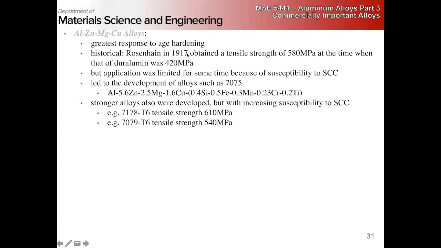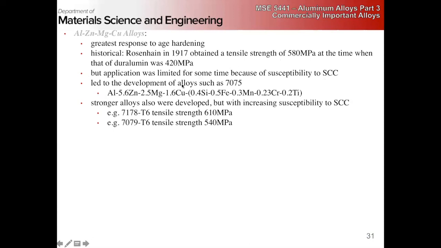These actually came about 10 years after the discovery of duralumin by Rosenhain. They got tensile strengths that were more than 150, 160 MPa higher than duralumin. But again, they were never used because of the stress corrosion cracking problem.